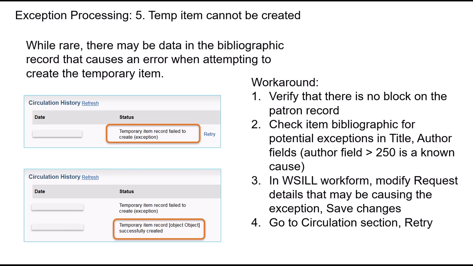The information that is transferred to the temporary item is title, author, and material format. So if there is an exception due to bibliographic information, it will be in one of those fields. Edit the request details that may be causing the exception, save the request, and retry the circulation integration.